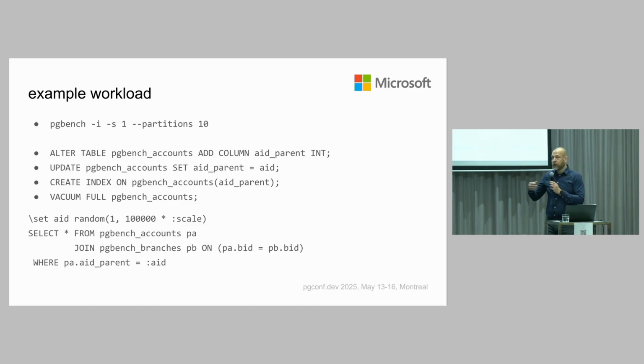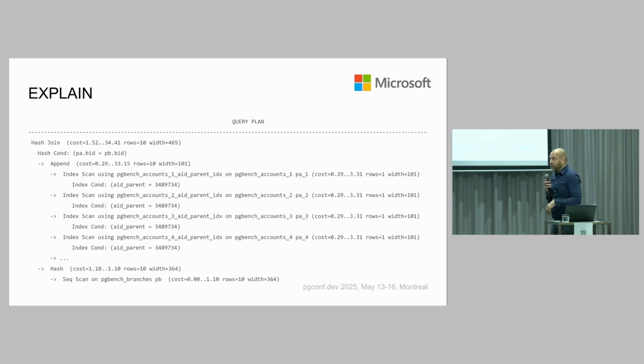It will still do index scan, but it can't remove some of the partitions from the plan. And the data set is very small. It's just 15 megabytes or something. And the plan that you have been seeing is something like this, right? It's append with many index scans in there, which should be super fast, ultimately, right? There's no reason why this shouldn't actually scale.